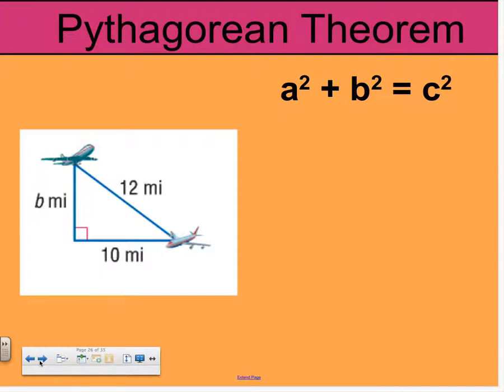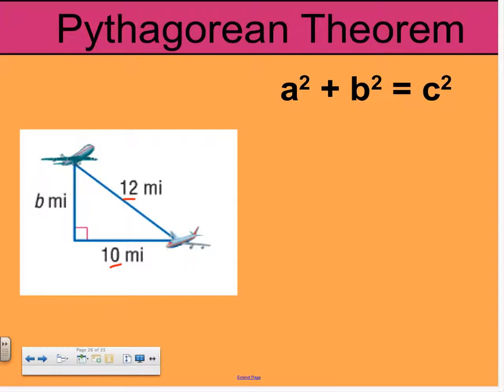As you can see, we know that the direct distance between the airplanes is 12 miles. We know that if we form a triangle, the distance from directly below the higher airplane over to the other plane is 10 miles. Now the question is, what is the height difference between the airplanes?